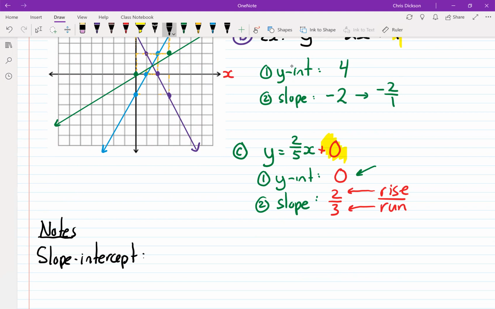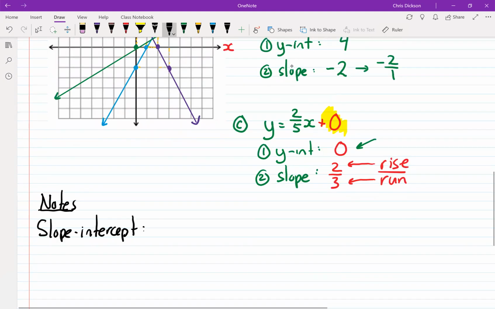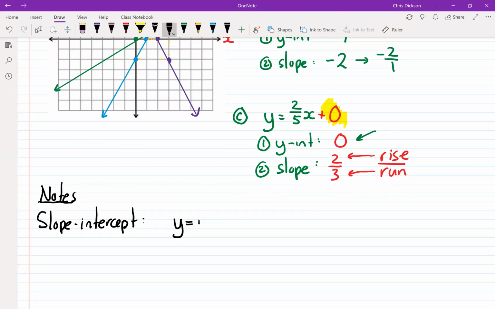This is always written in the form y equals mx plus b. You might remember b from yesterday. b will be the y-intercept. And m will always be the slope.